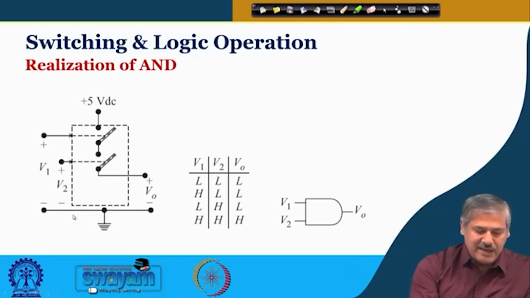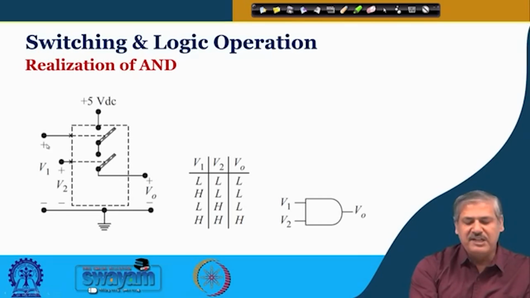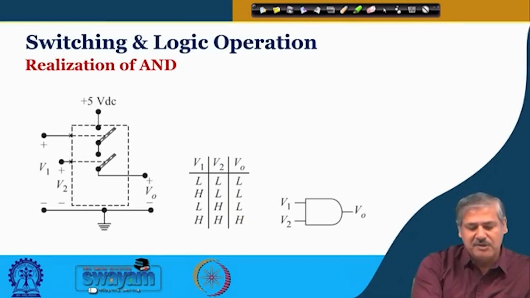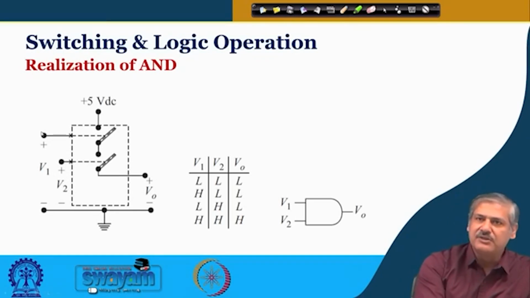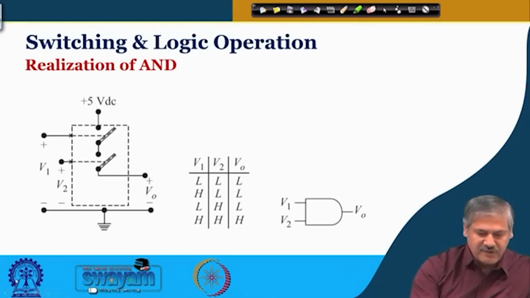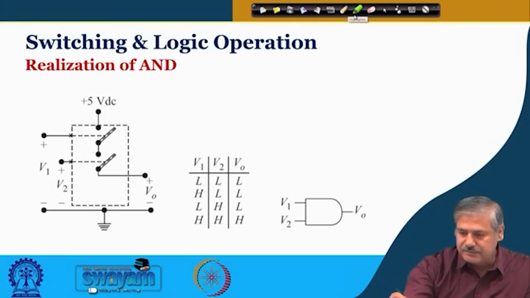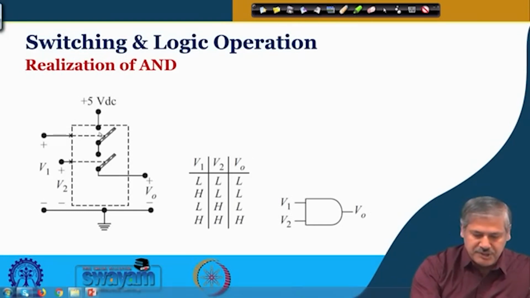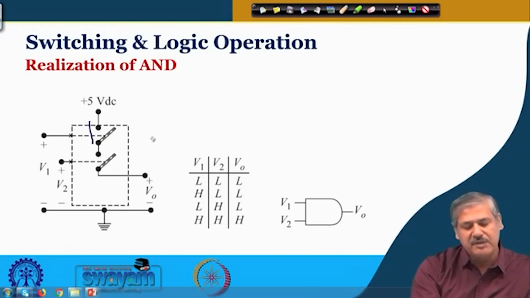When the input voltage is placed, I mean high voltage, say 5 volt is placed, what happens? The switch closes and connects, these 2 points get shorted, these 2 points get connected. These 2 points will get connected when this is high, and if it is low, that means it remains the same.